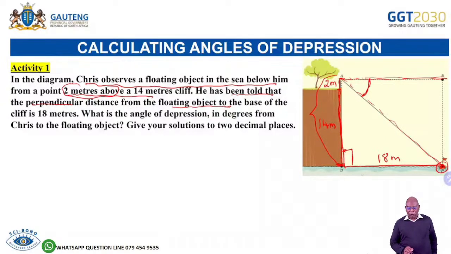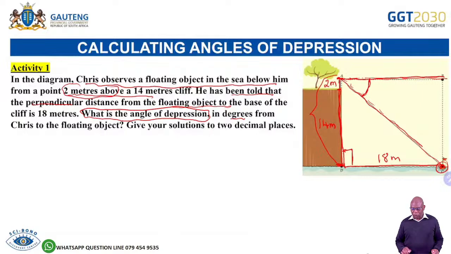Now they want us to calculate the angle of depression in degrees from Chris to the floating object. So we want to calculate that angle from the observation point, of which the horizontal will be this one, to the line of sight to the floating object.